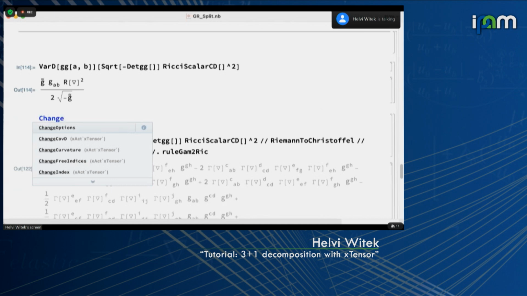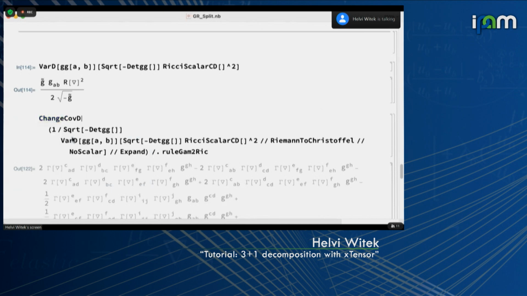So I change the covariant derivative on the entire expression, and we go from the partial derivative, indicated by a capital PD, to our covariant derivative that we labeled as CD. Let's do this. And now we see that all the partials have been replaced by this covariant derivative here.